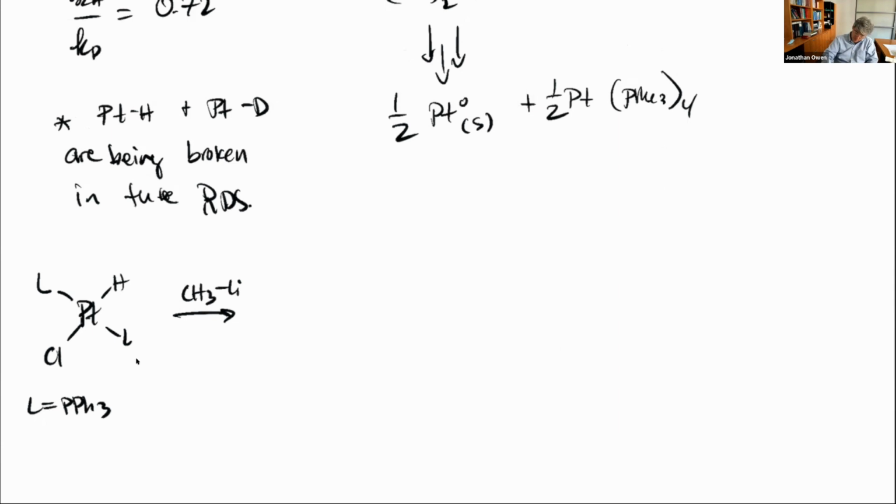Sorry, not methyl lithium, methyl Grignard, at -80 degrees C. And that would produce this square planar platinum complex with a methyl and a hydrogen in the same molecule.